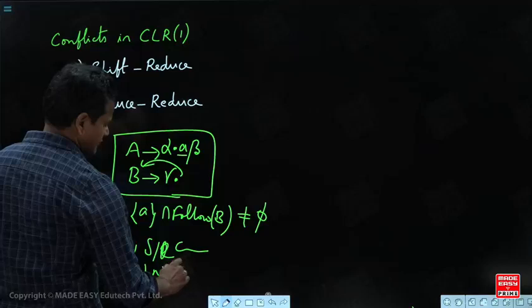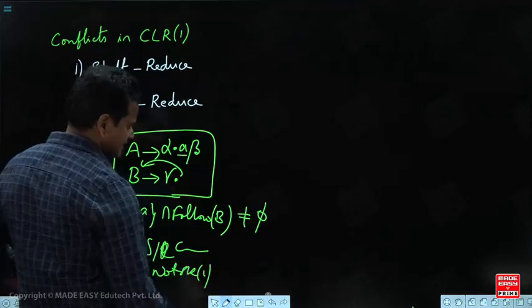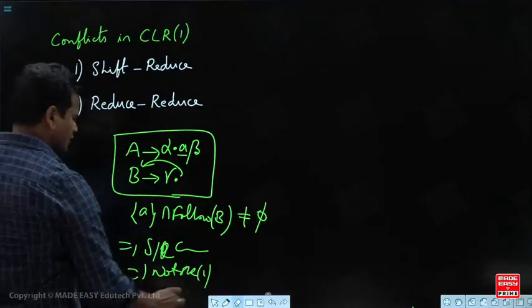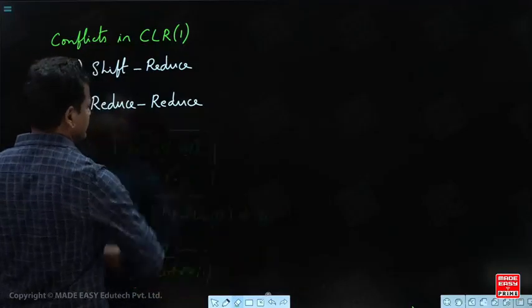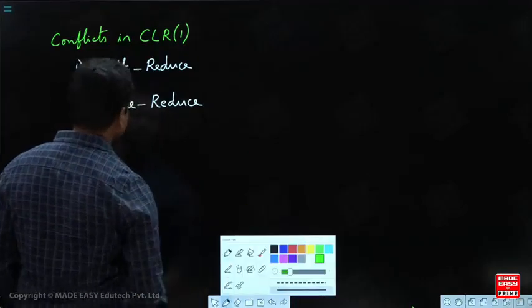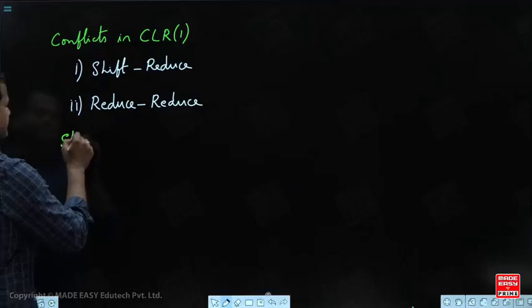You remember, this is the technique for SLR of 1. Now, what is the technique for CLR of 1? Look at this. Shift reduce conflict.